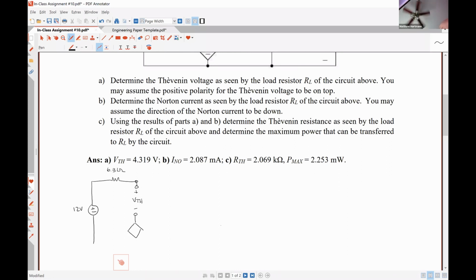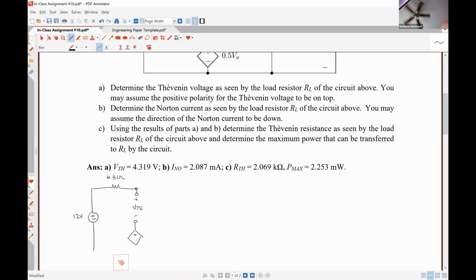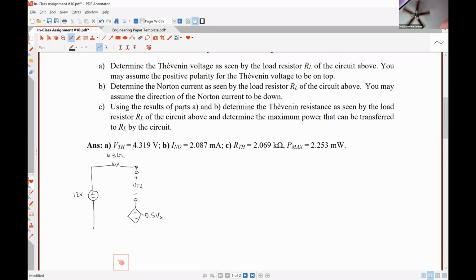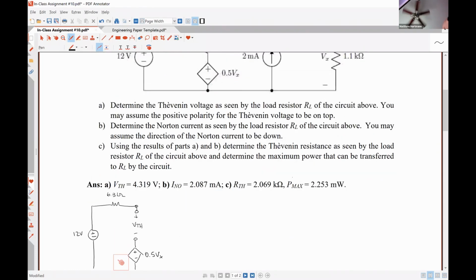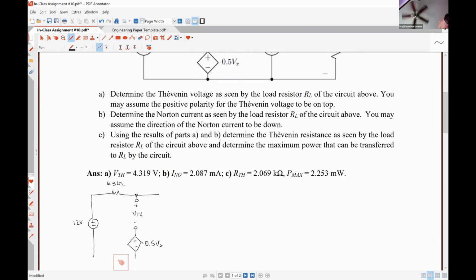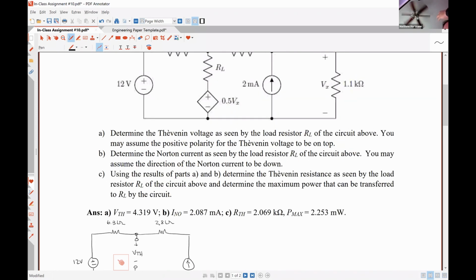I have my dependent source plus minus 0.5 Vx. Let's see, I have a 2.8 kilo ohm resistor. I have a current source that is 2 milliamps.